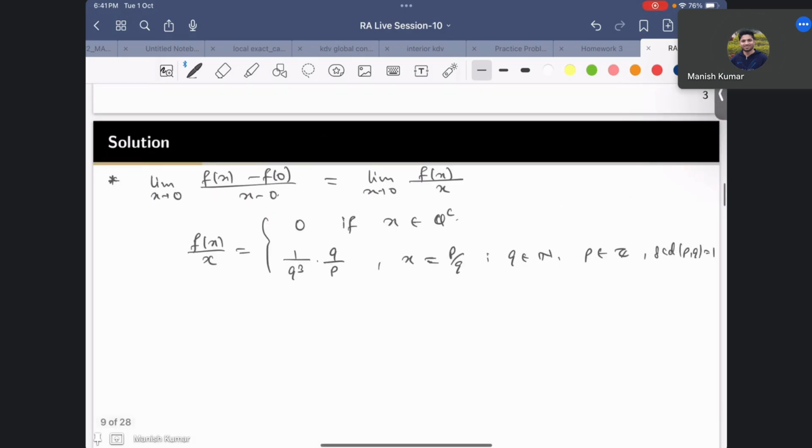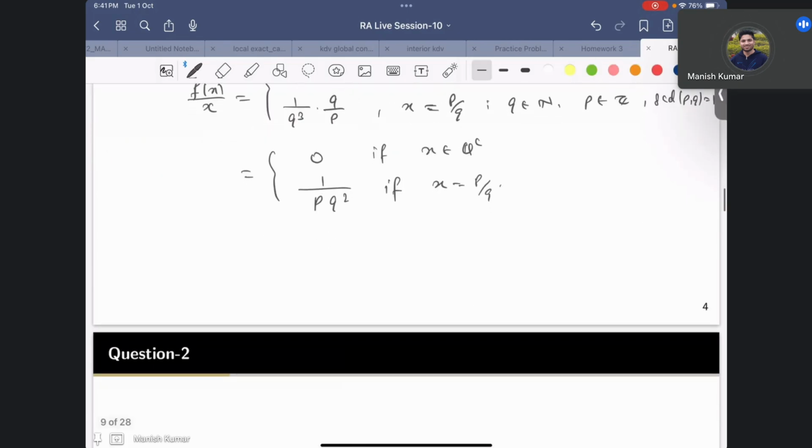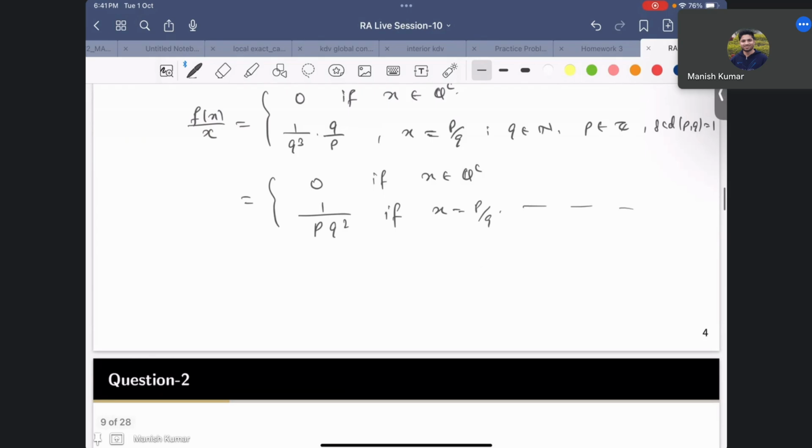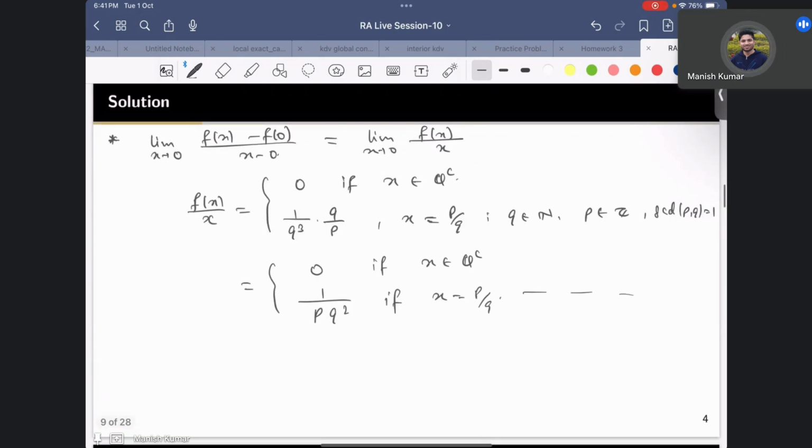So now this is nothing but 0 if x belongs to Q complement, and it's 1 by p times q square if x is equal to p by q, okay, with the same conditions. Now over here, we are looking at the limit as x goes to 0, right?